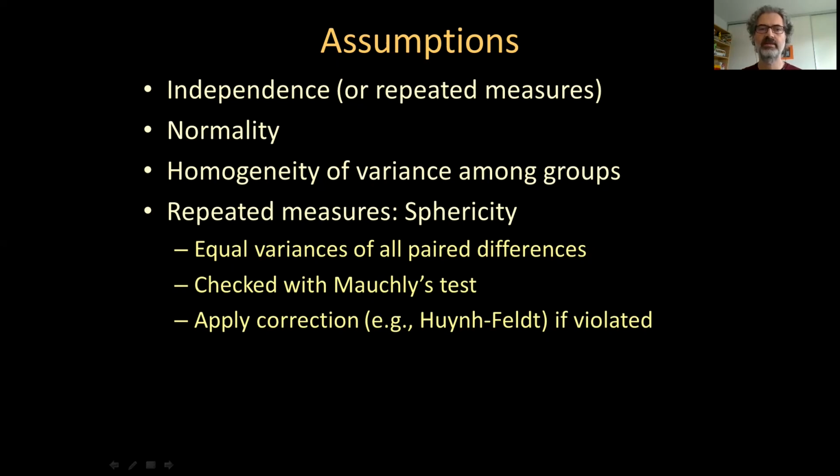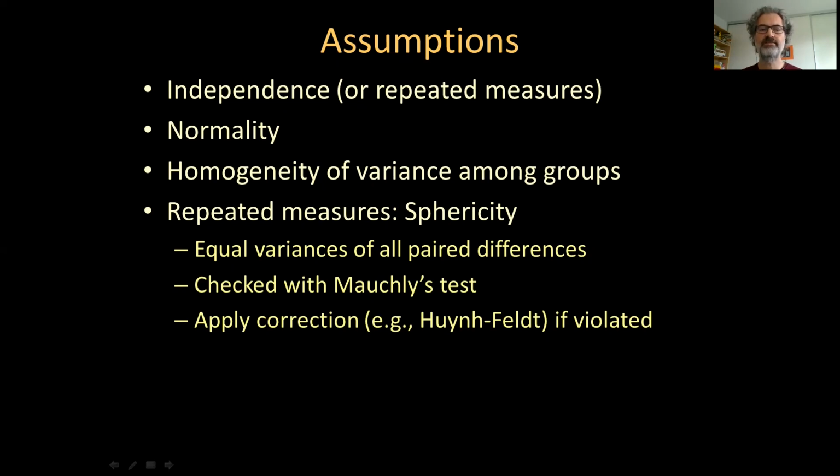And that's tested with the Levene test, as we have seen in the video on factorial ANOVA. In addition, when we have a repeated measures factor, the assumption of sphericity must hold.